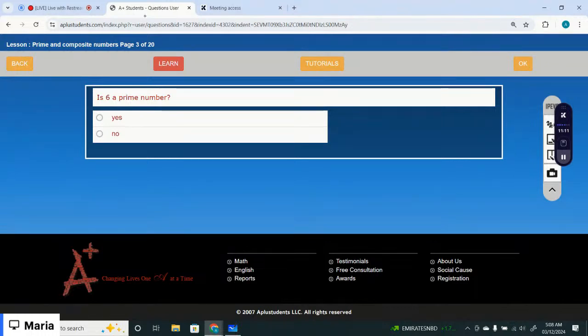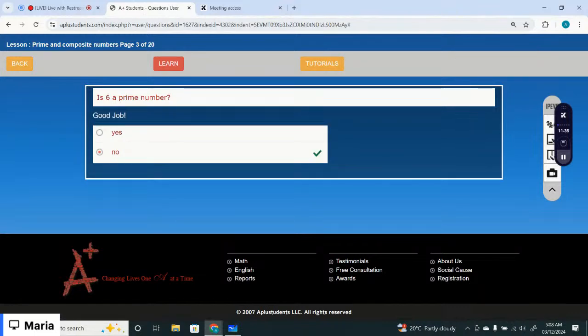Is 6 a prime number? The correct option is no, 6 is not a prime number because it has more than two factors. The correct option is no.